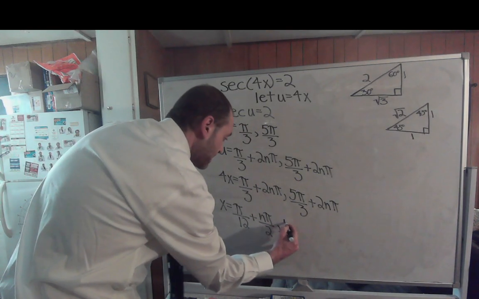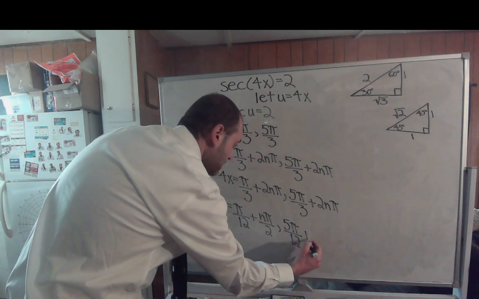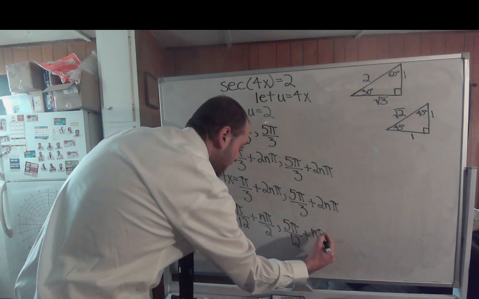And then you'll end up getting 5 pi over 12 plus n pi over 2.